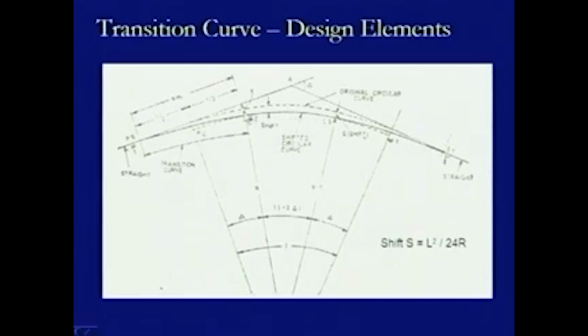This is the circular curve being provided here, and this becomes the radius of the circular curve as R. Here we see this radius of the circular curve going up to this point. So as to adjust this transition curve, which is starting from the straight portion here, it gets connected to the circular curve portion at this point here.